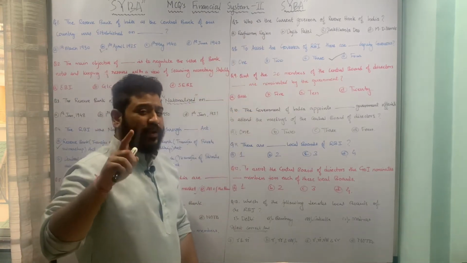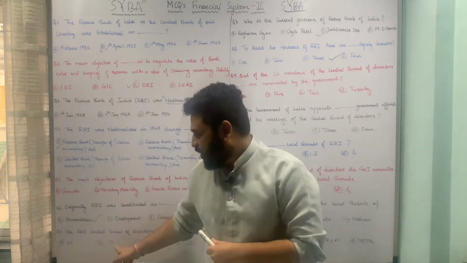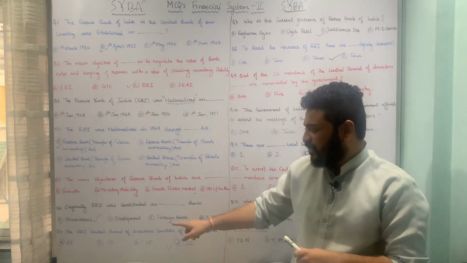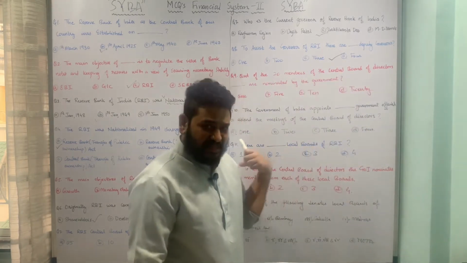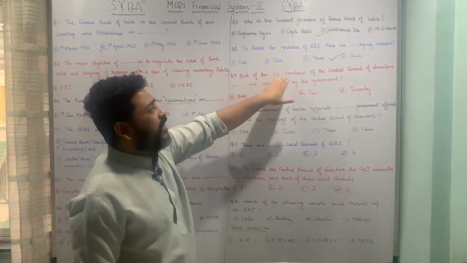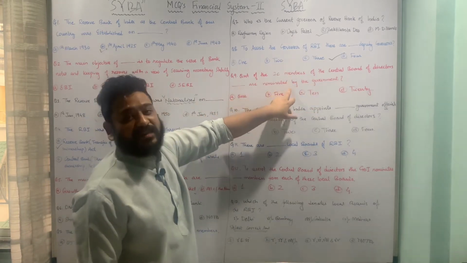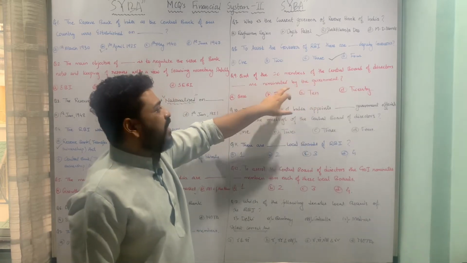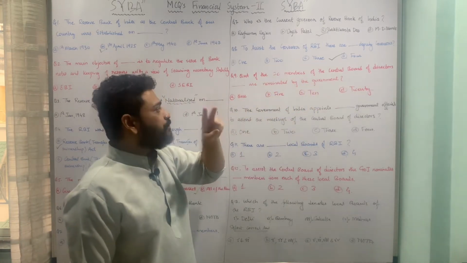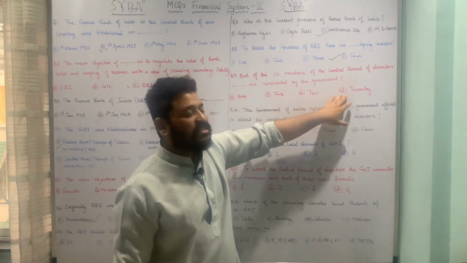Out of the 20 members of the Central Board of Directors, we have seen here in question number 7 that the Central Board of Directors consists of 20 members. So here the question is in relation to that. Out of the 20 members of the Central Board of Directors, dash are nominated by the government. How many are nominated by the government of India? The underlying options are 1, 5, 10, and 20.